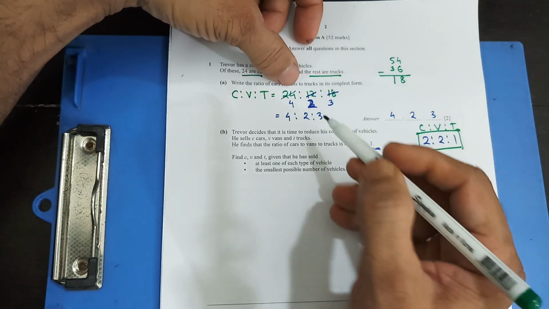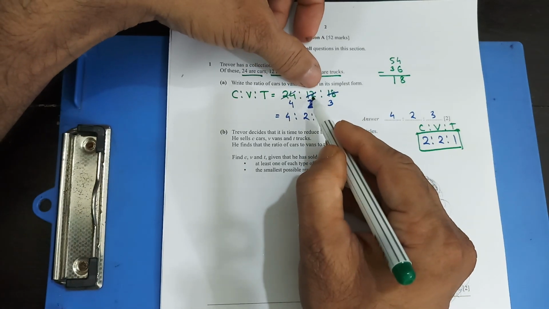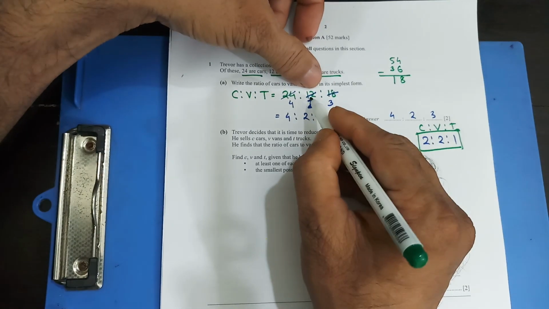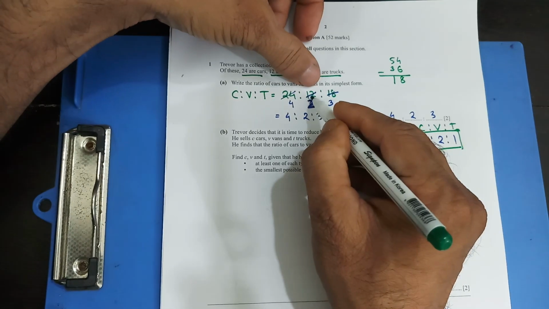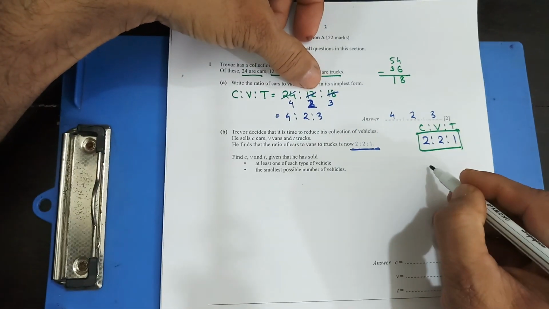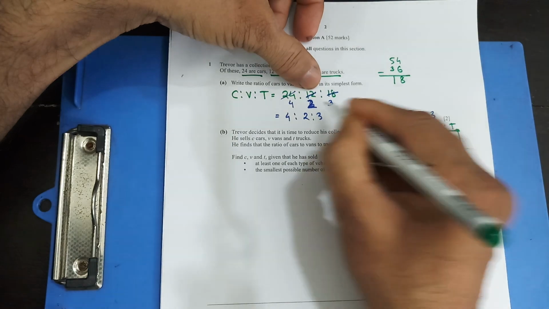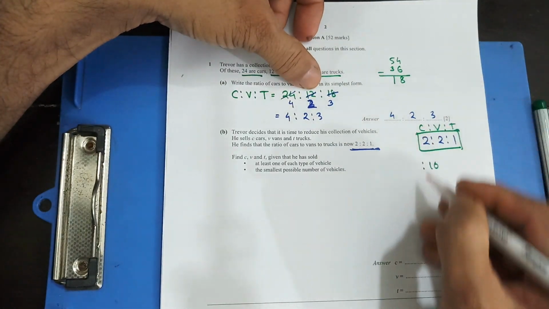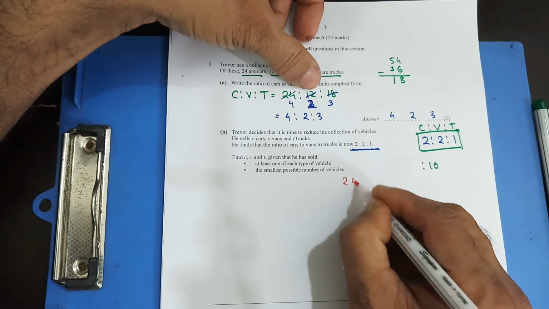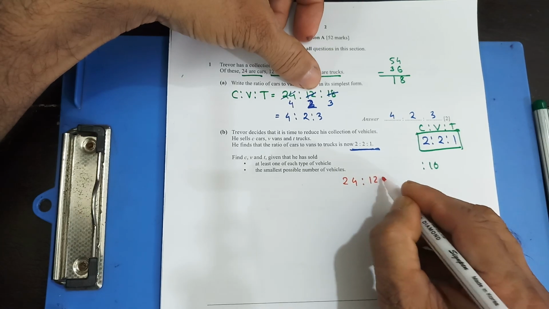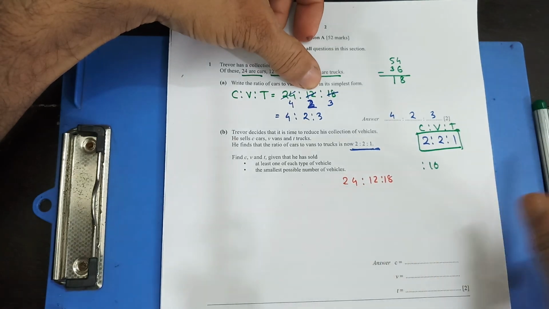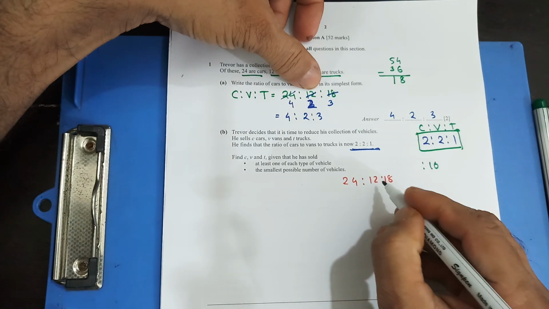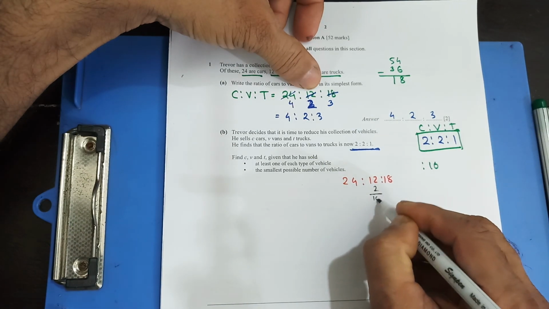Now, instead of 1, if he sells 2 vans, then it's going to be 10. Let me write down the initial numbers of vehicles: 24, then 12, then 18. If he sells 2 vans, that makes this one 10.